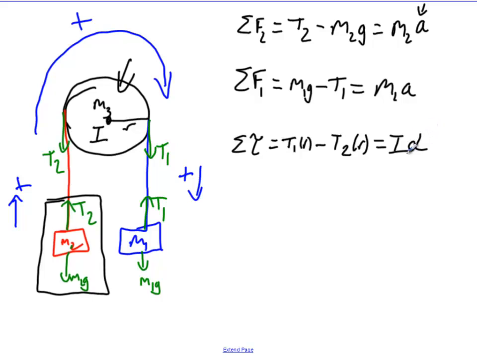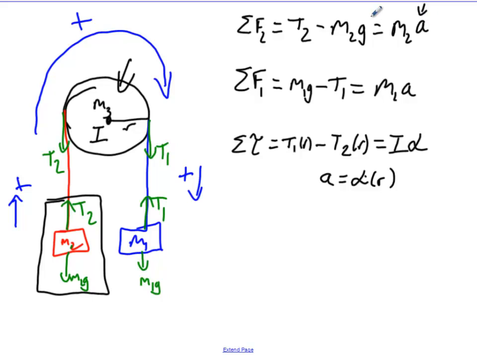Alright, so alpha is the angular acceleration. Great. Now I have another equation. R would be known. I could measure the radius of the pulley. That wouldn't be so bad. A is unknown, but that means alpha is unknown. However, I do have one more equation. I do know that the linear acceleration of the system is the angular acceleration of the pulley times the radius r. So I do have 4 equations to go with my 4 unknowns.